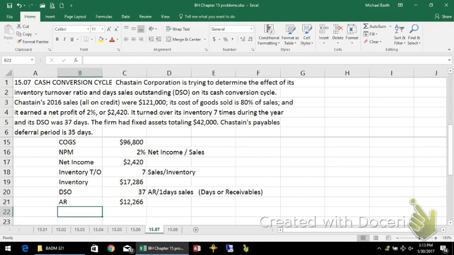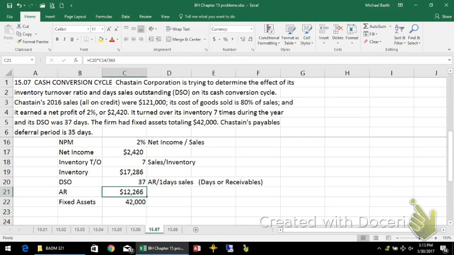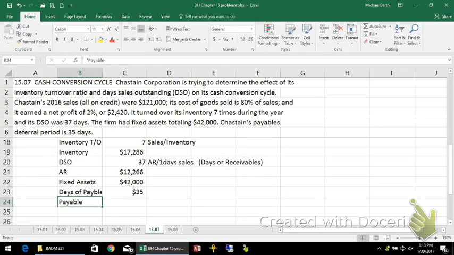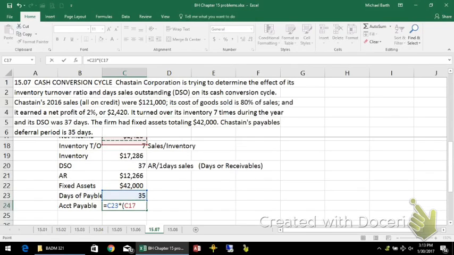And I've got fixed assets at 42,000. And the last item, the payables deferral period, call it days of payables, is 35 days, which means accounts payable is 35 days times 1 day of cost of goods sold.